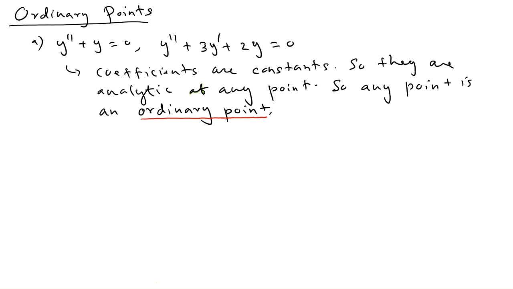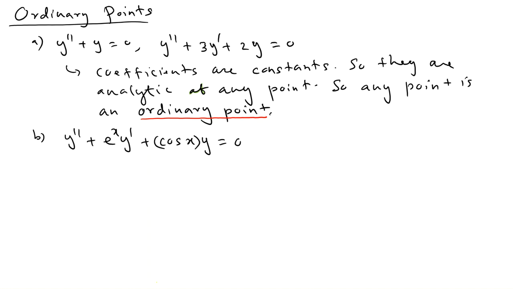The next one. How about this one? Let's say we have y double prime plus e to the x y prime plus cosine x y equals 0.